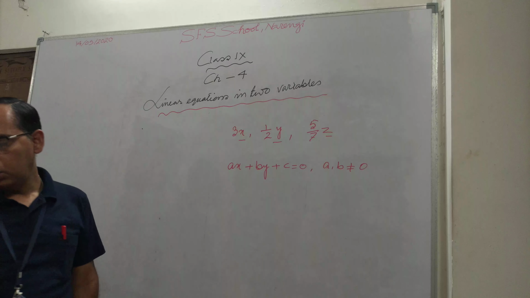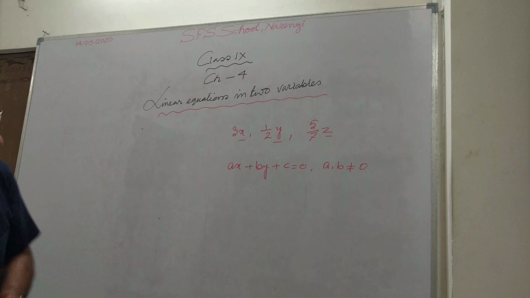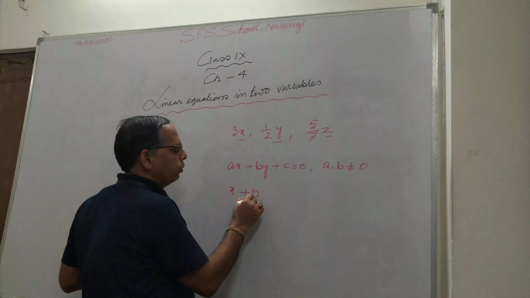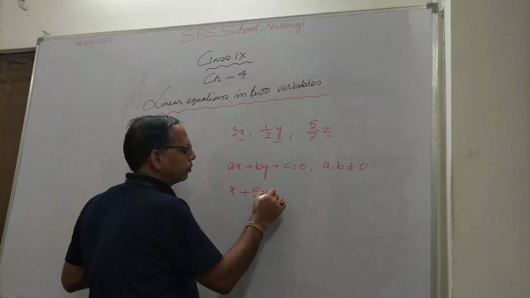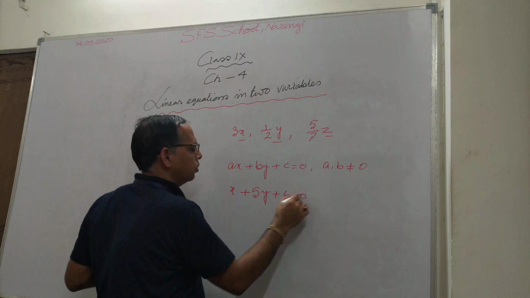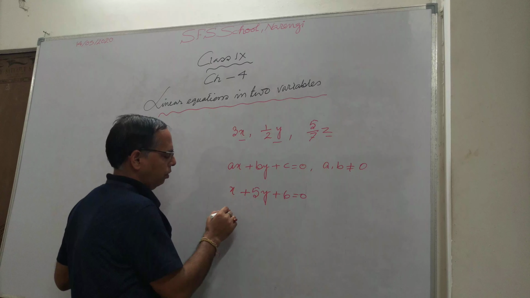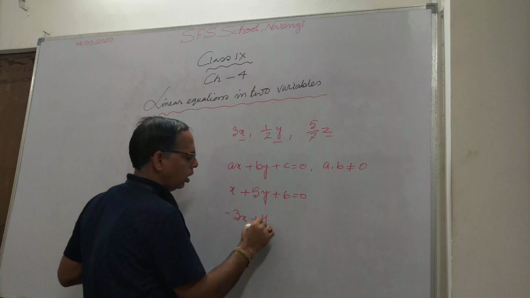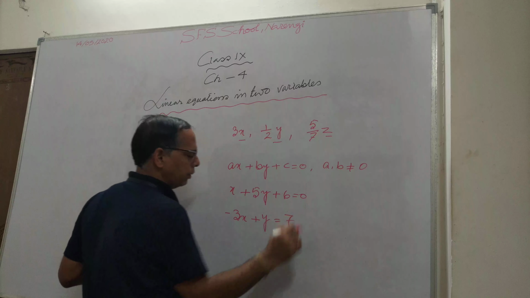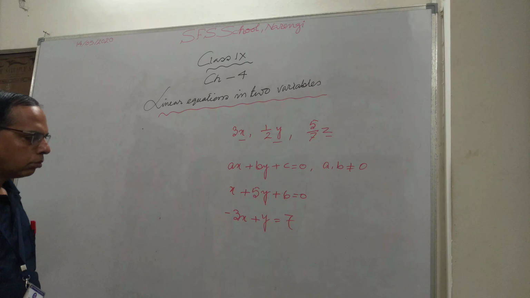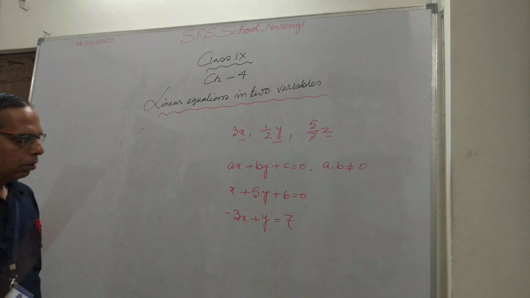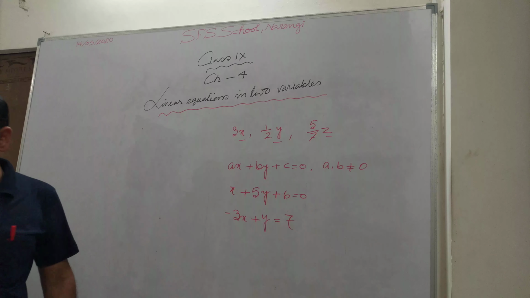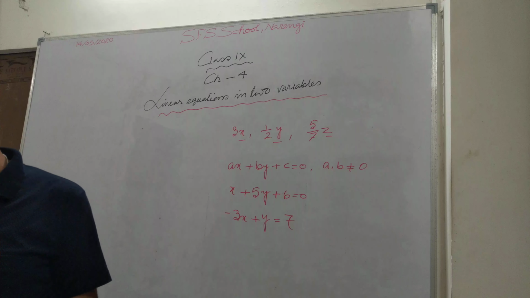For example, x plus 5y plus 6 equal to 0, or minus 2x plus y equal to 7. These all are linear equations in two variables.